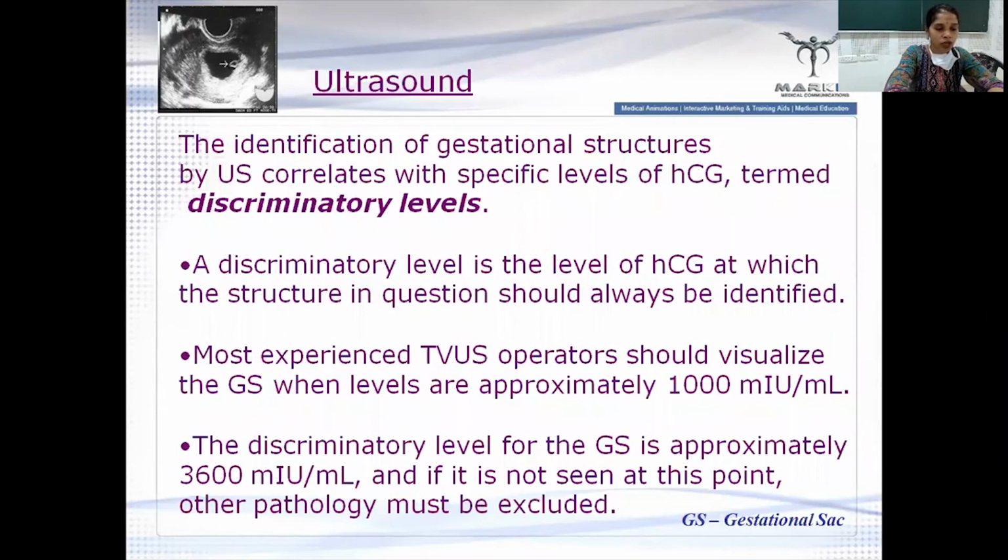Most experienced transvaginal ultrasound operators should visualize the gestational sac when the level is approximately 1000 milli-international units per ml. The discriminatory level for the gestational sac is approximately 3600 milli-international units per ml, and if it is not seen at this point, other pathology must be excluded.